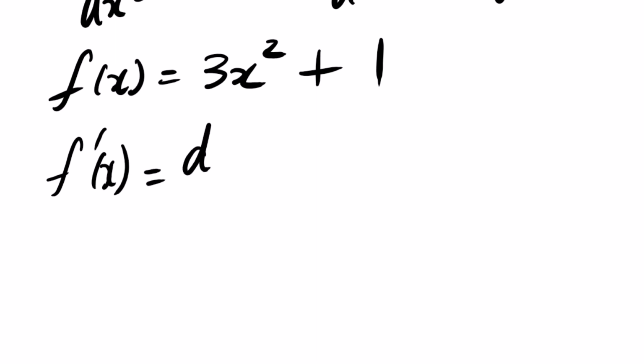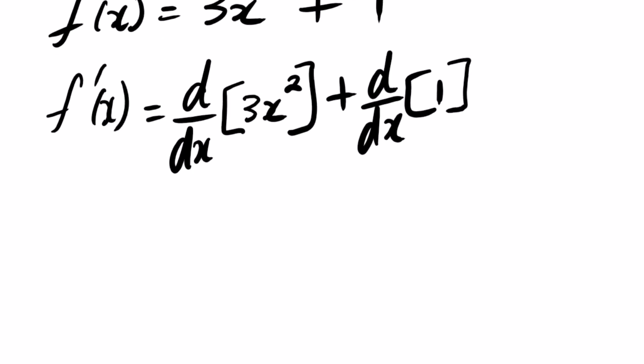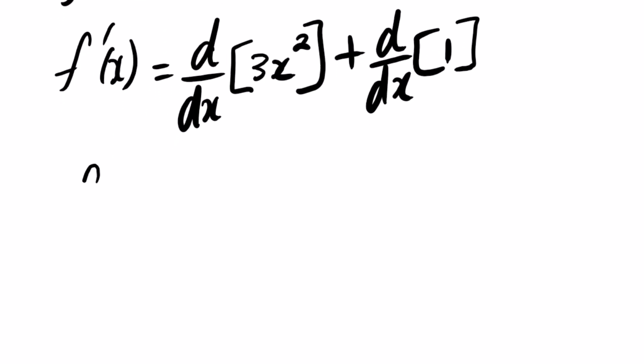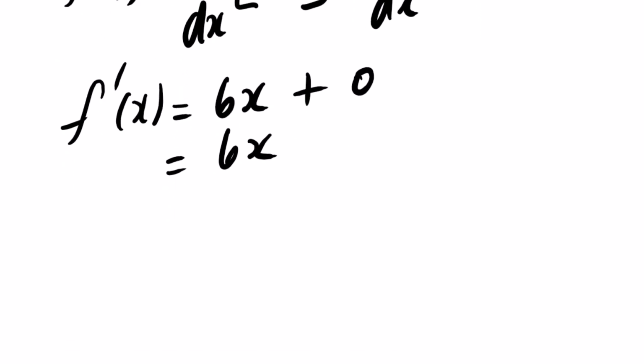The derivative of this function plus the derivative of this. So the derivative of 3x squared is simply 6x, and then the derivative of a constant is 0, so the derivative of this function is simply 6x.